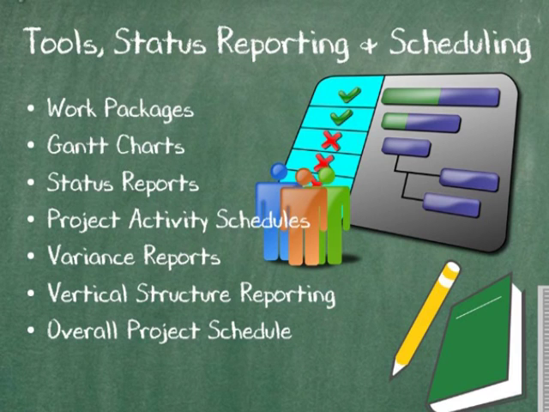If there is any point when the project seems to be going awry, a variance report should be able to detect this and hopefully correct course and get the project back on plan. With our vertical structure for our organization, this will help know who the people involved need to report to. An overall project schedule will help keep the project on task as well and know when all of the prior items listed are due.